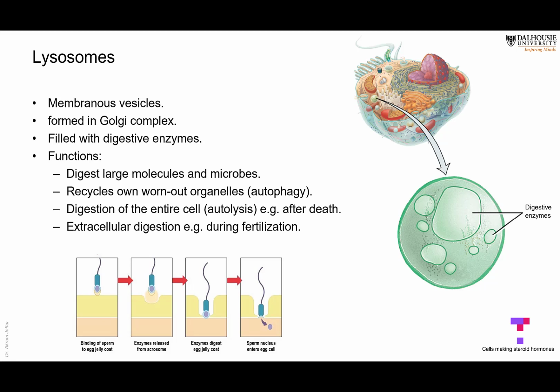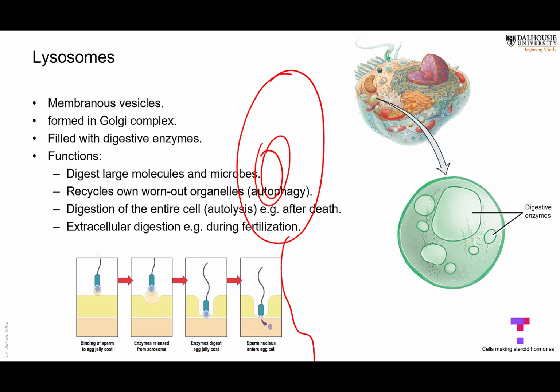Sometimes they digest substances outside the cells, like this is what happens in the sperm, for example. The sperm, as we will study in block 3, has a head. Most of the head is occupied by the nucleus, and then just on top of the nucleus, capping the nucleus, if this is the head of the sperm, this is the flagella or the tail, and then you have a nucleus here, and then on top you have a cap.